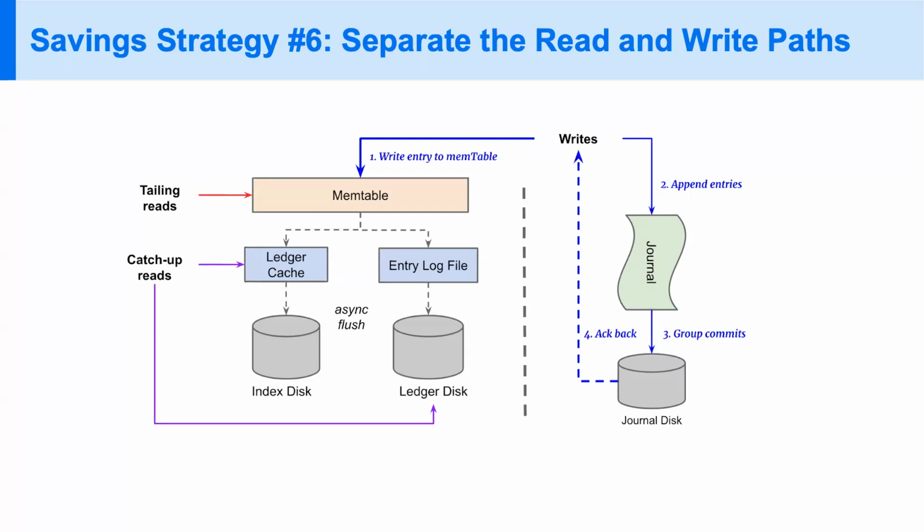With our storage layer, we have two. We have separated storage and compute, and we have separate disks for each one. That way we have one optimized for the read path and one for the write path, optimized for throughput. When data comes into our storage node, it is written first to an in-memory cache, very, very fast.